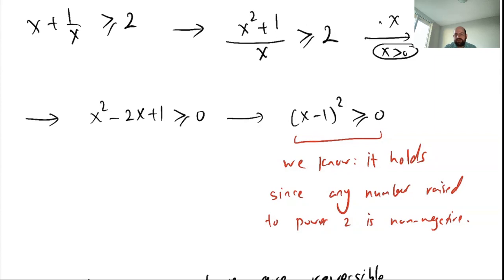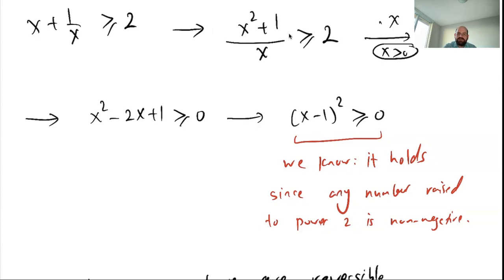So from this direction to this direction, we multiplied by x. But if you want to reverse this step, we have to divide by x. But in any case, we are allowed to do that. We are allowed to multiply with a positive number, also divide by a positive number. So the conclusion also holds.